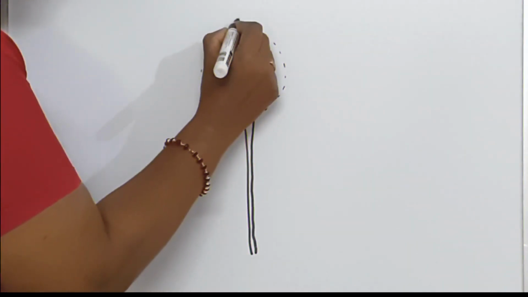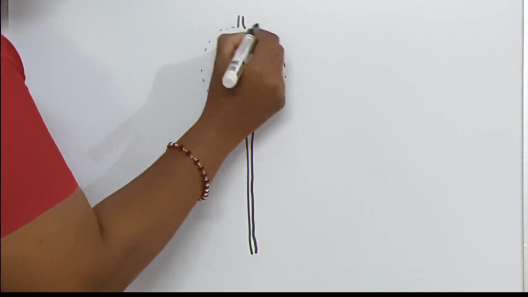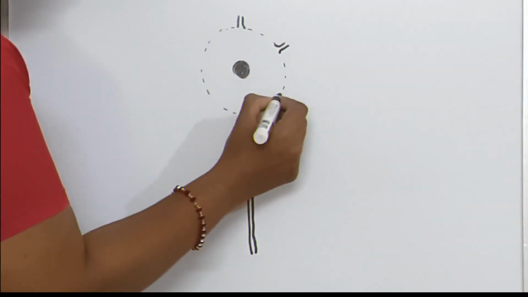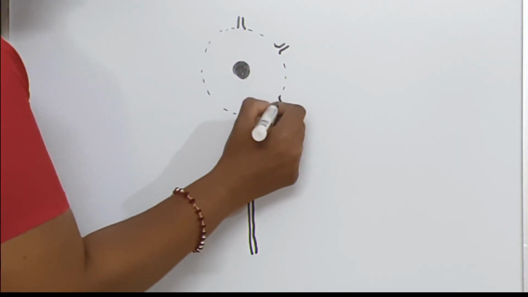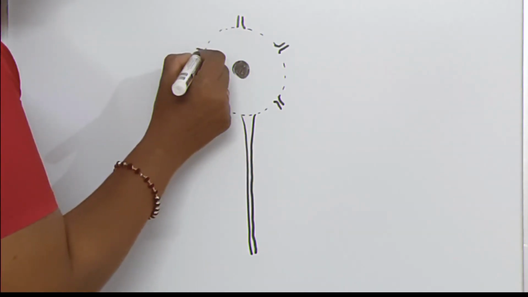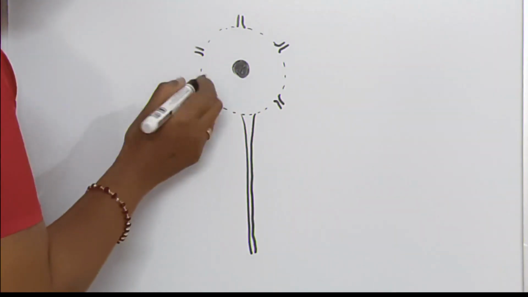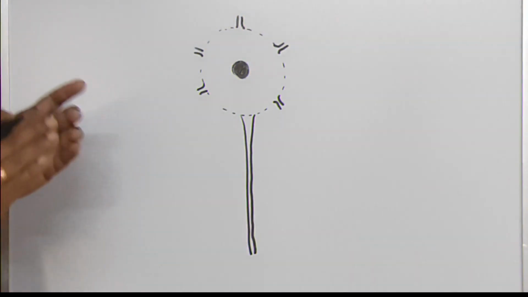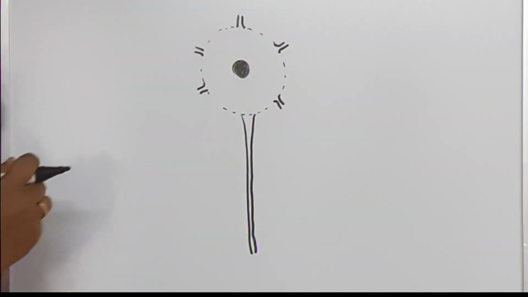So here a small branch, then here. You can draw a number of branches according to the size of your figure. So small or short branches from the circular outline.